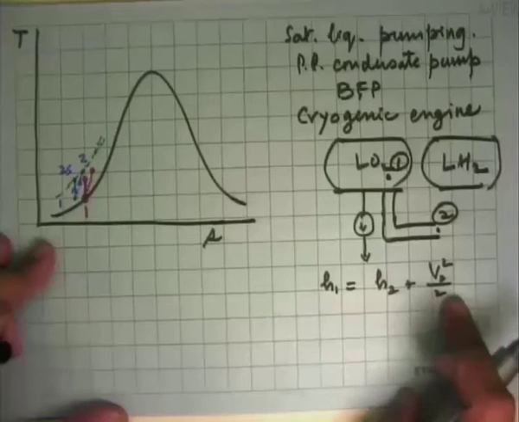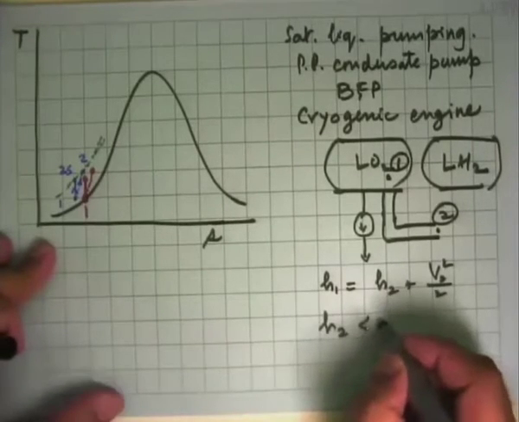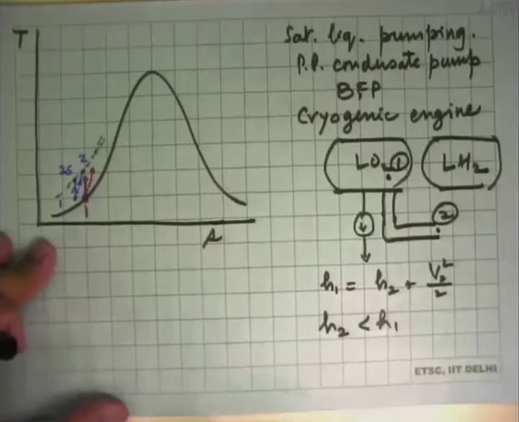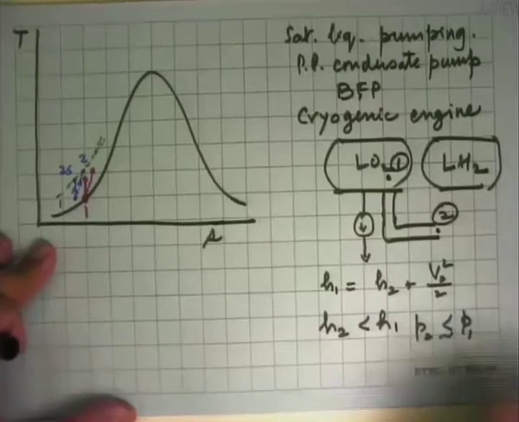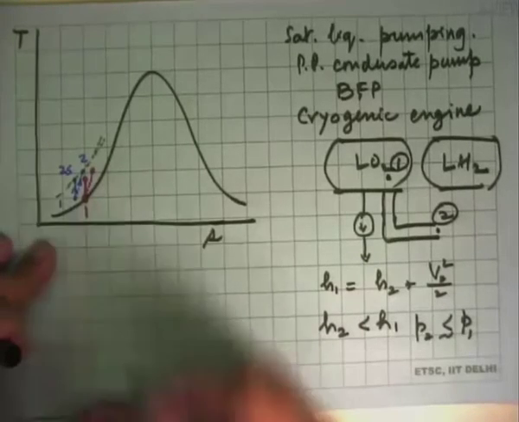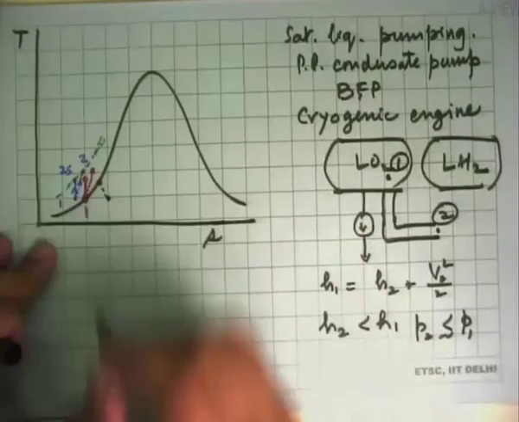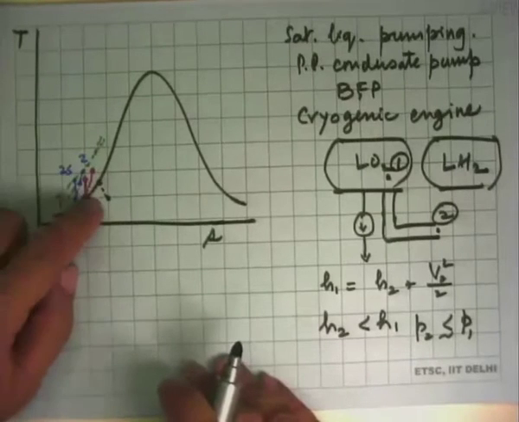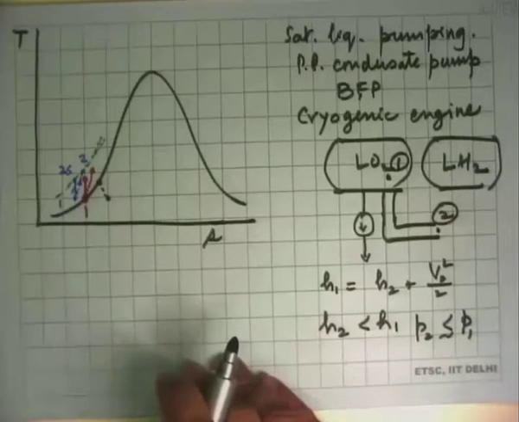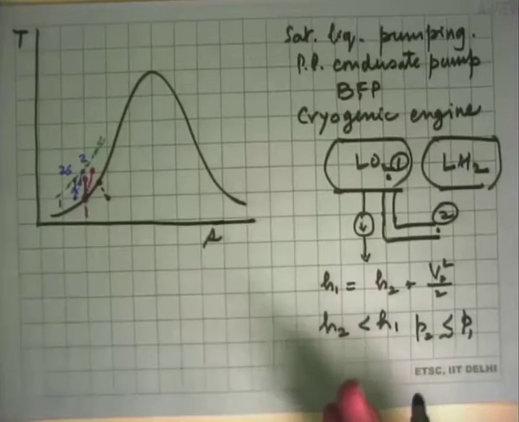And even if V2 is very small, it tells you that H2 is less than H1 and pressure P2 is slightly less than P1. That means the moment you take this state and try to pump it, it will go there, which means that some of the liquid became vapor and you ended up with a two-phase mixture, and that's the problem.